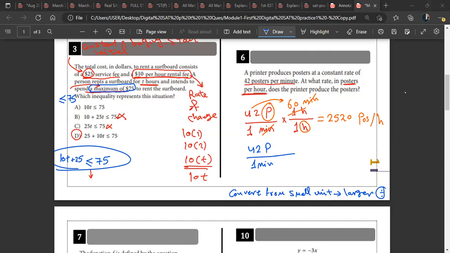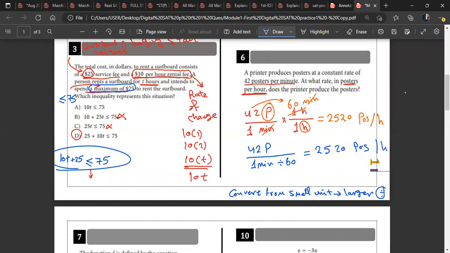But the inverse, if you convert from a greatest or large unit to a small unit, we multiply. When you convert from meter to centimeter, you multiply by 100. When you convert from kilogram to gram, multiply by 1,000, and so on. So here we divide by 60 and find the answer using a calculator. The answer will be 2,520 posters per hour by another way.